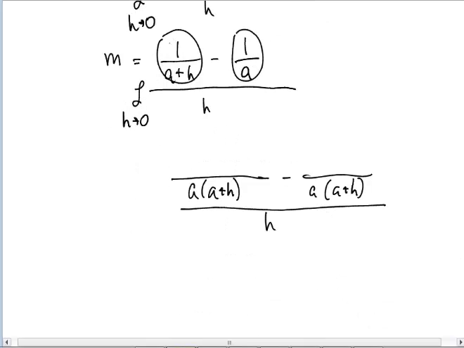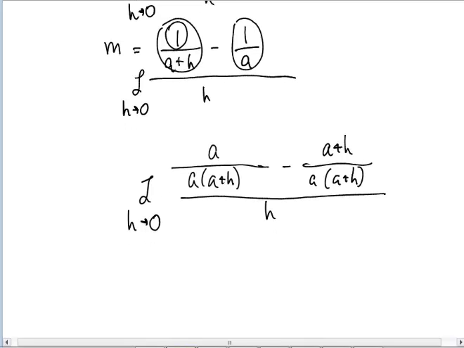And I just have to adjust the numerators, because before the numerator is 1, but then I put an a term in the bottom. So I'm going to put an a term in the top to compensate for that denominator I created. And I'm going to put over in this one a plus h. So now remember I have to limit h to 0. So let me fix that limit.